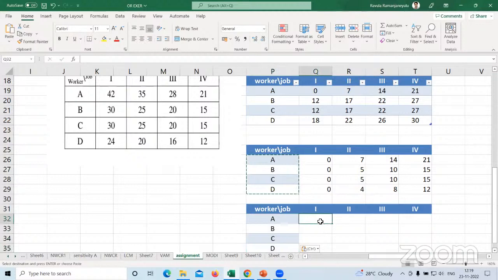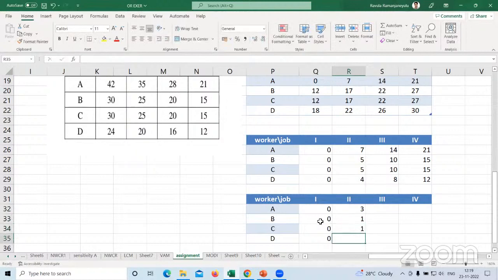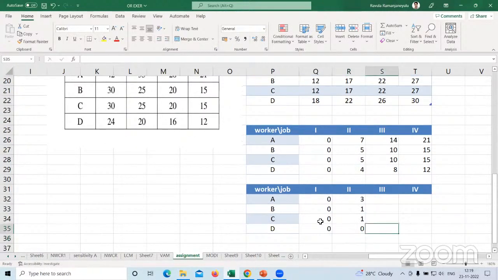Right. Here the column will be 0. There is no change in the first column. The second one, the least is 4. So 7 becomes 7 minus 4 is 3, 1, 1, 0. All right. In the next column, 8 is the least.